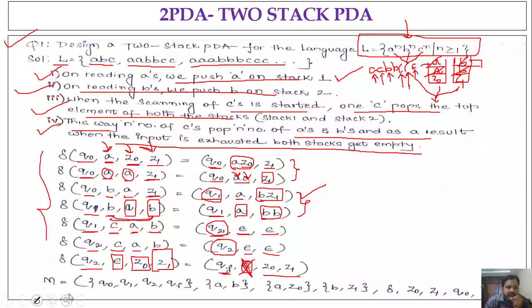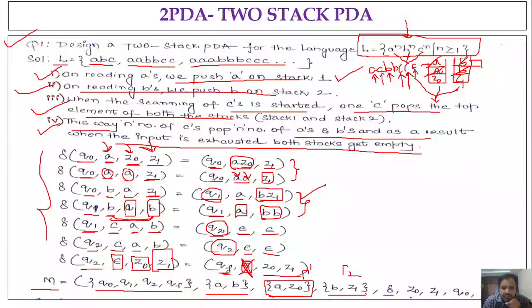Okay. And if you represent this in the form of tuple notation, we get M is equal to the set of states q0, q1, q2, qf, set of input symbols a, b, set of stack 1 symbols, that is tau 1, which will be a, z0, because in stack 1 we are pushing a's along with z0, comma tau 2, which is nothing but stack 2 symbols b, z1.